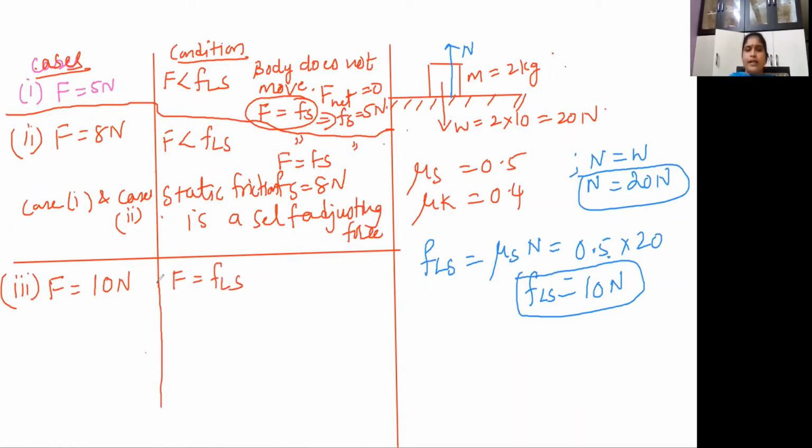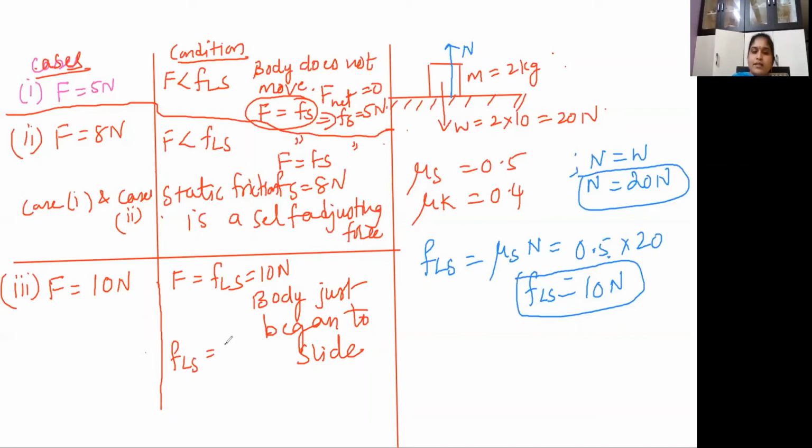So the net force is balanced here, but the body just began to slide. When the body just began to slide, the limiting static frictional force is equal to the applied force, and it is equal to 10 Newtons.